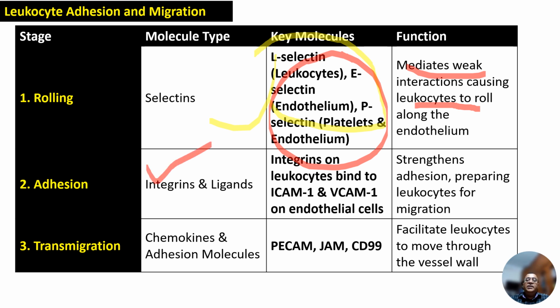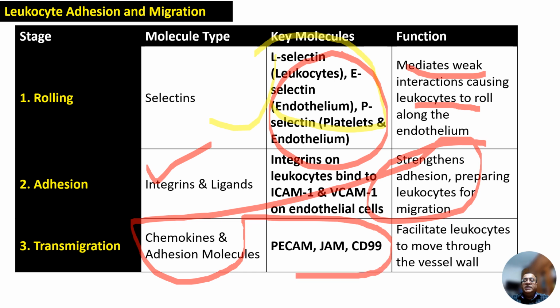Then the firm adherence is achieved through integrins and their ligands, and the integrin activity with the ICAM and VCAM on the endothelial surface strengthens the adhesion. After that there is transmigration that is achieved by PECAM, JAM, and CD99, and these molecules facilitate the leukocyte to move through the vessel wall to the site of chemotaxis.